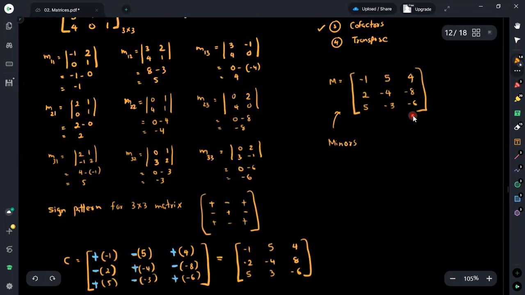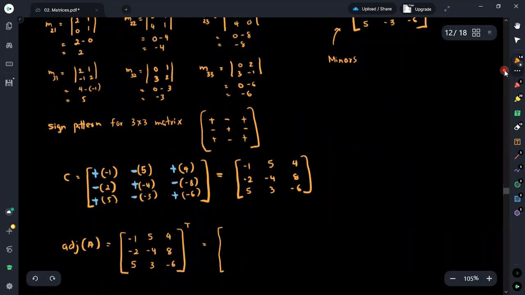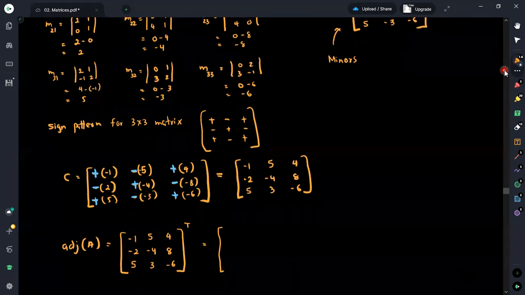There is a slight mistake I have made. Here this should be corrected as 3 minus 8. The value is -5. Here we have to consider -5, and then we are getting the same value.